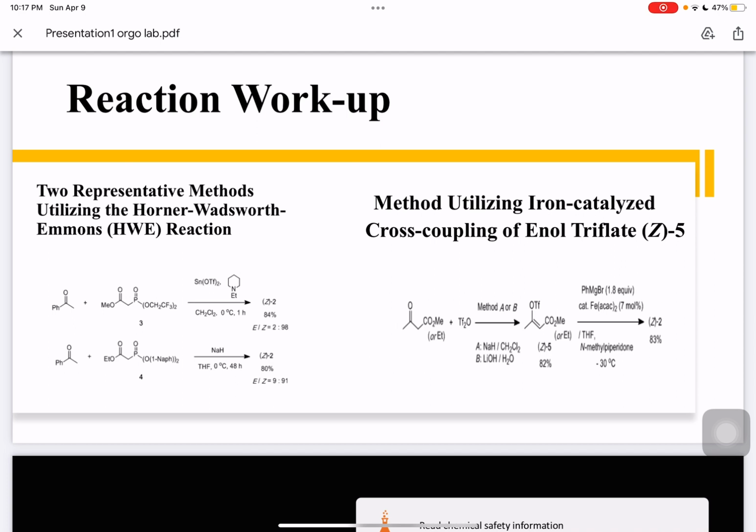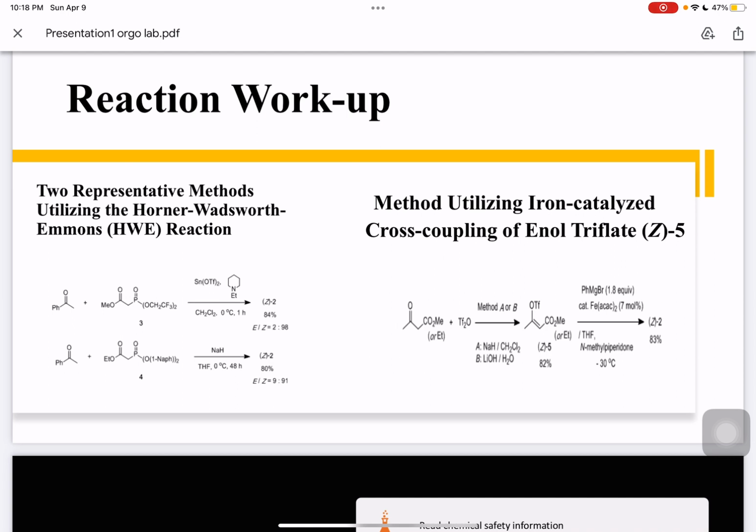And France's group, which is another group that worked on this reaction, developed a practical preparative method for Z5, which is method B described earlier, which also requires flash column chromatographic purification. And this iron cross coupling requires about 1.8 equivalents of PhMgBr.